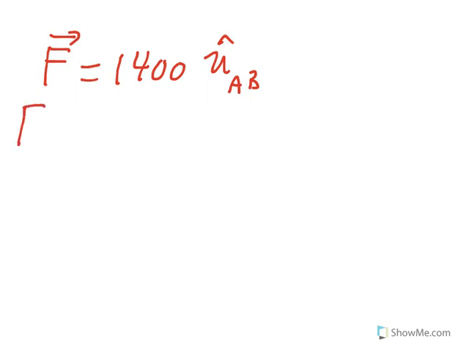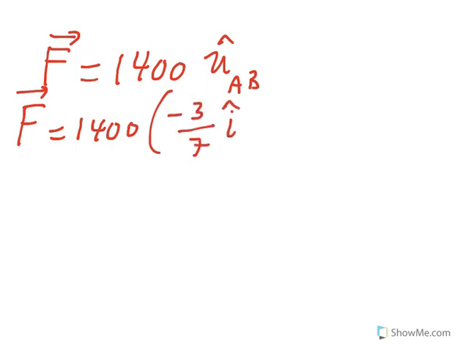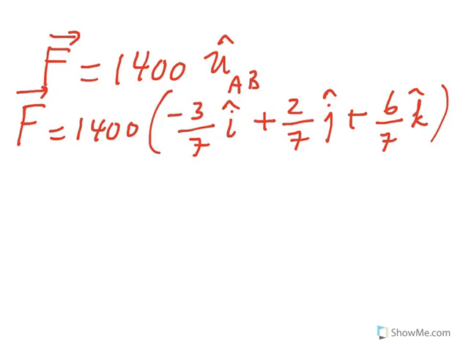So here we go: 1400, and remember the unit vector I had a minute ago, it was minus 3/7i plus 2/7j plus 6/7k. You can see how I picked 1400 to make things easy. So 1400 times minus 3/7i, again 1400 times 2/7j, and so on.